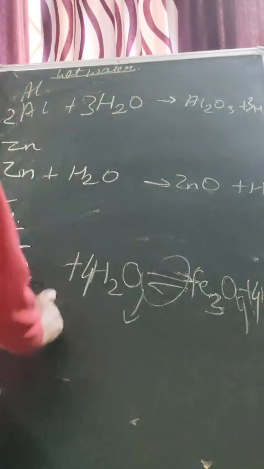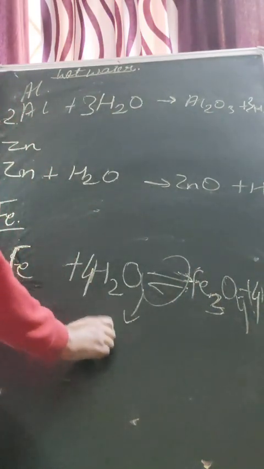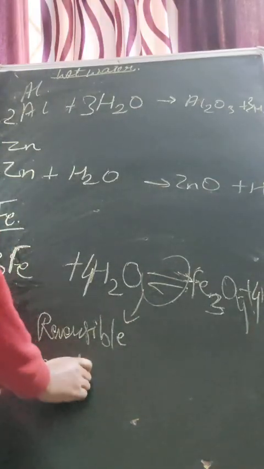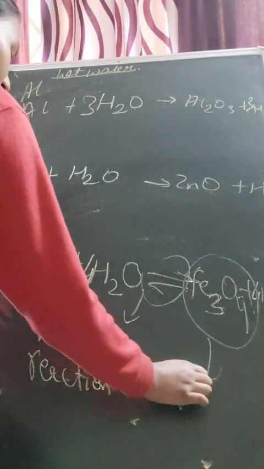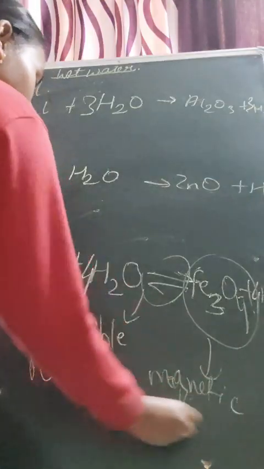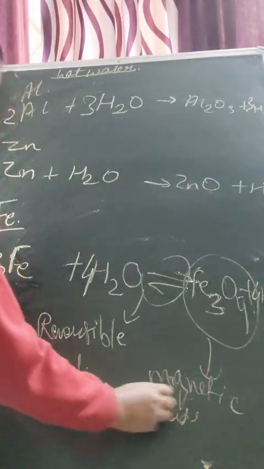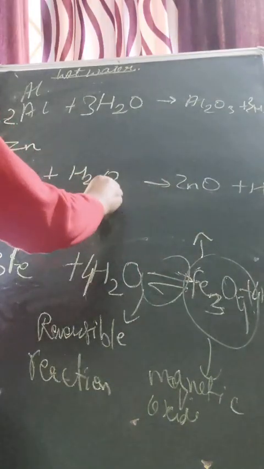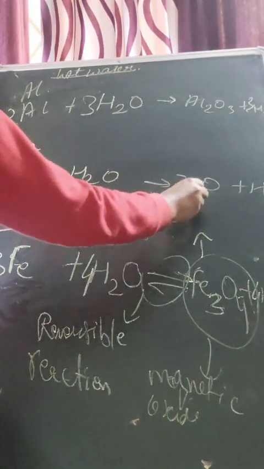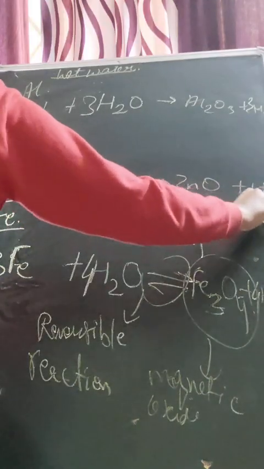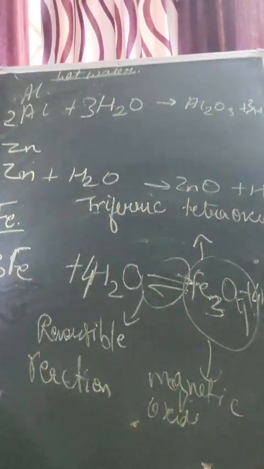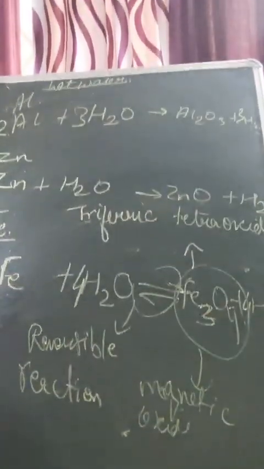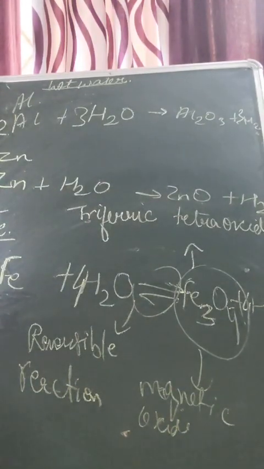This means the reversible reaction. This is the magnetic oxide, and this is also known as triferric tetraoxide. Is it clear? Triferric tetraoxide.